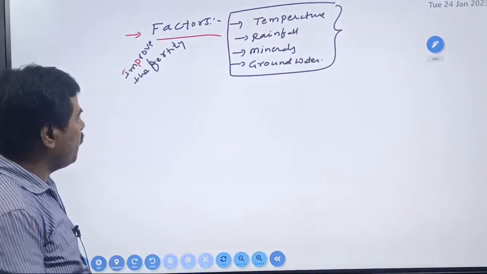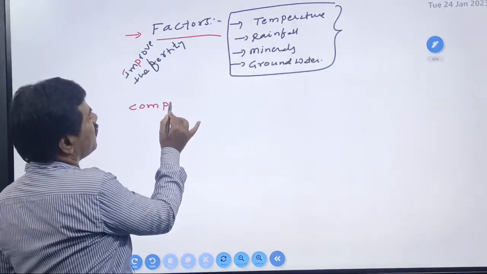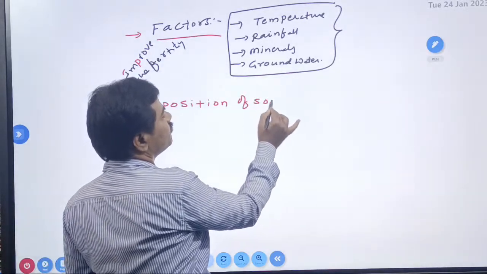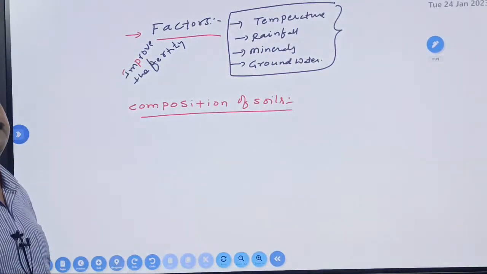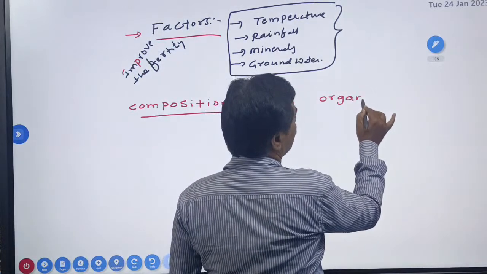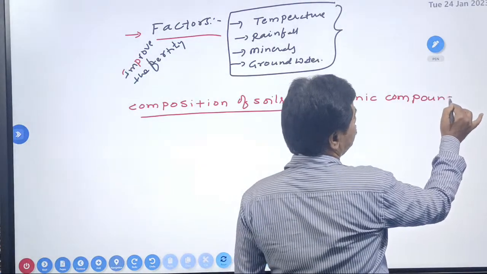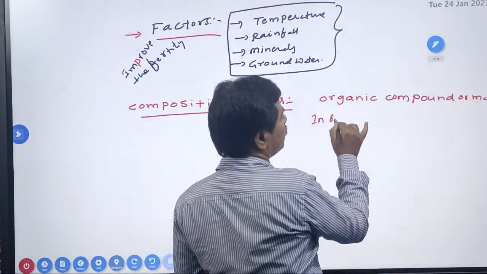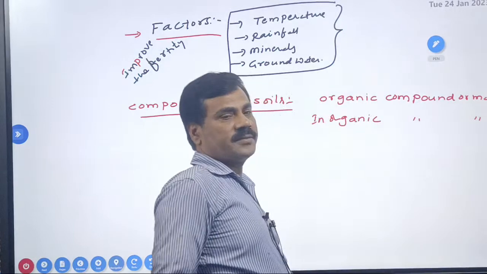The composition of the soil: the construction of the soil is by organic compounds or matter and inorganic compounds or matter.